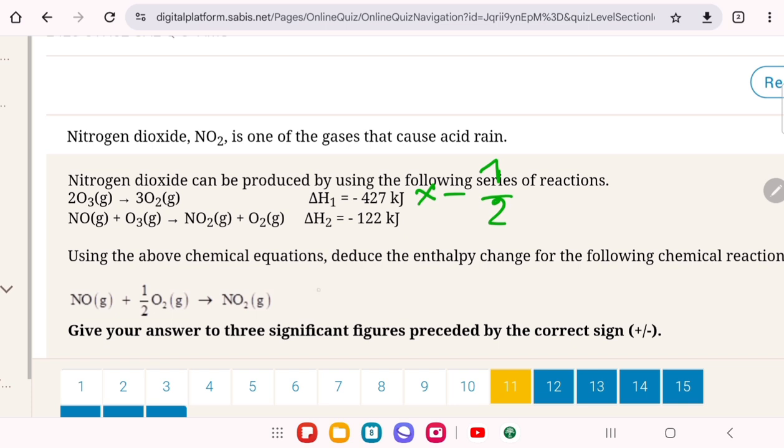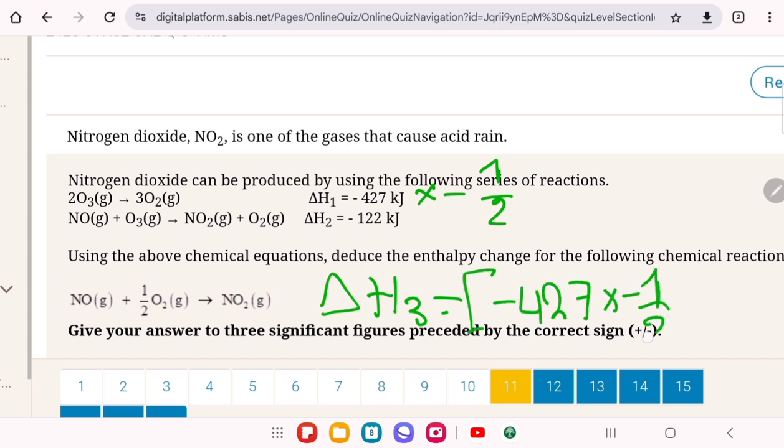So the heat of this reaction, which we will call delta H3, is going to be minus 427 times minus 1/2, plus minus 122.